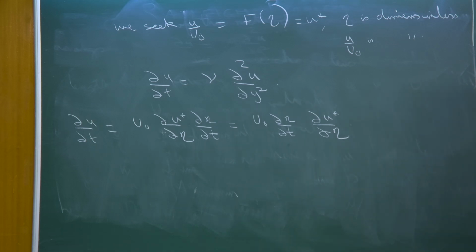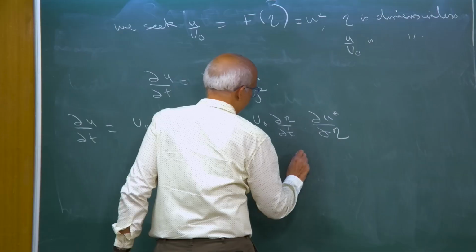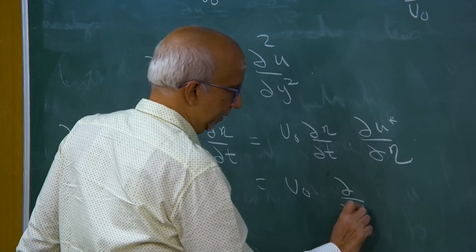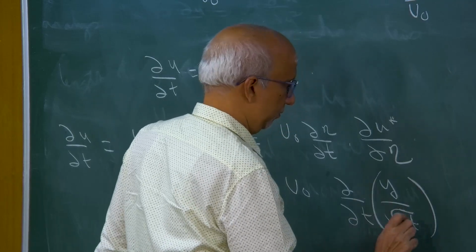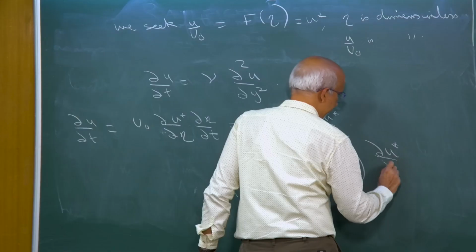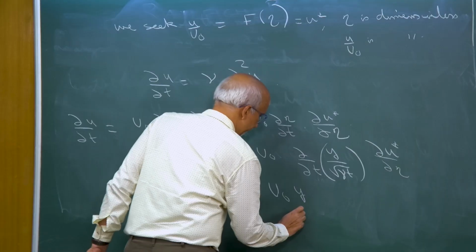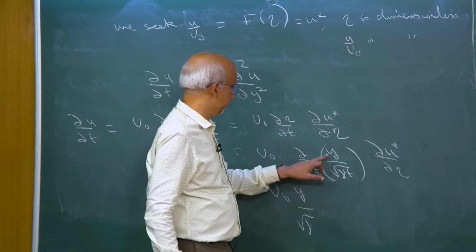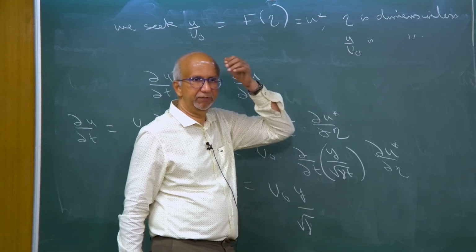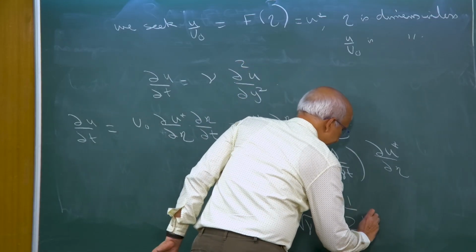I can differentiate this with respect to time, keeping y constant. Okay. So, u naught times d by dt of y divided by square root of nu t, du star by d eta, and this becomes u naught y by square root of nu, this constant, d by dt of t to the power minus half, that is minus half t to the power minus 3 by 2, no.